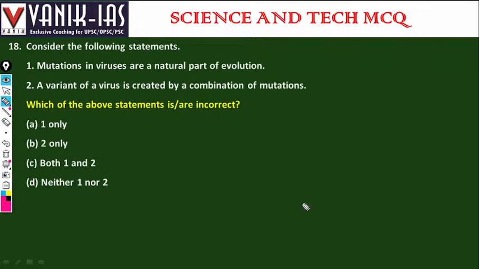Consider the following statements. Mutations in viruses are a natural part of evolution. A variant of a virus is created by a combination of mutations.